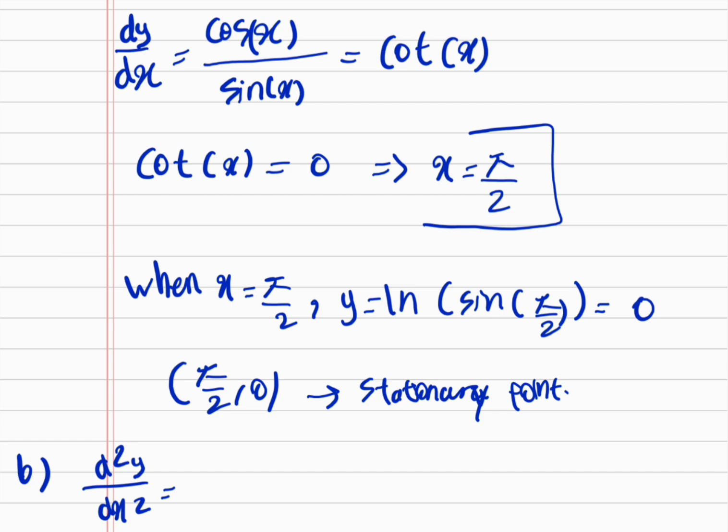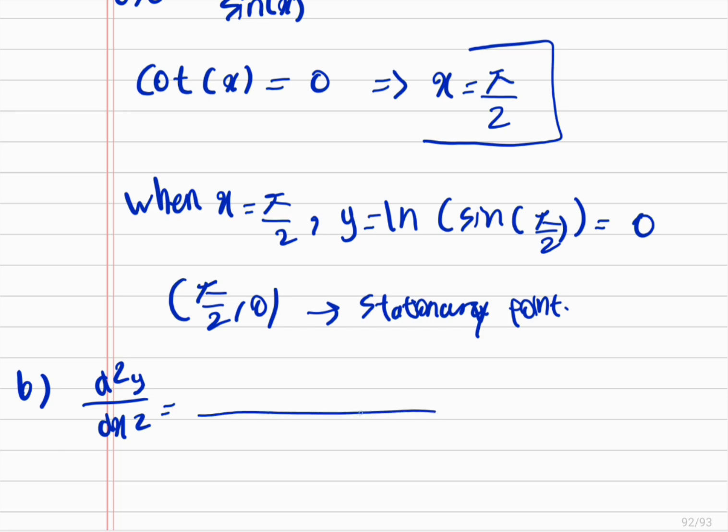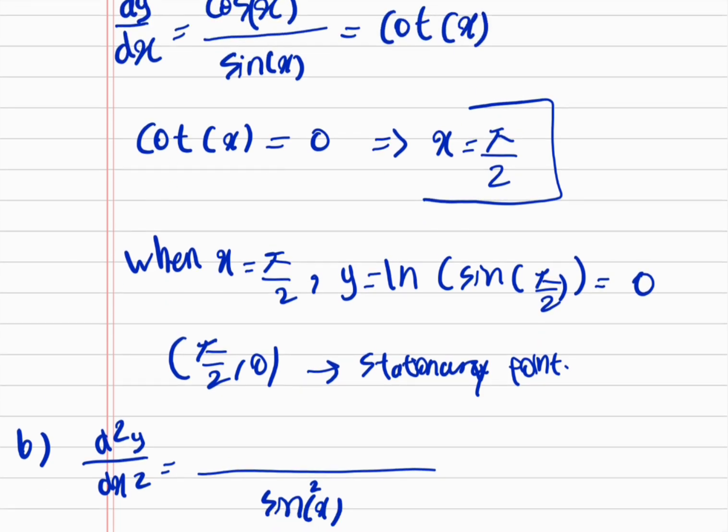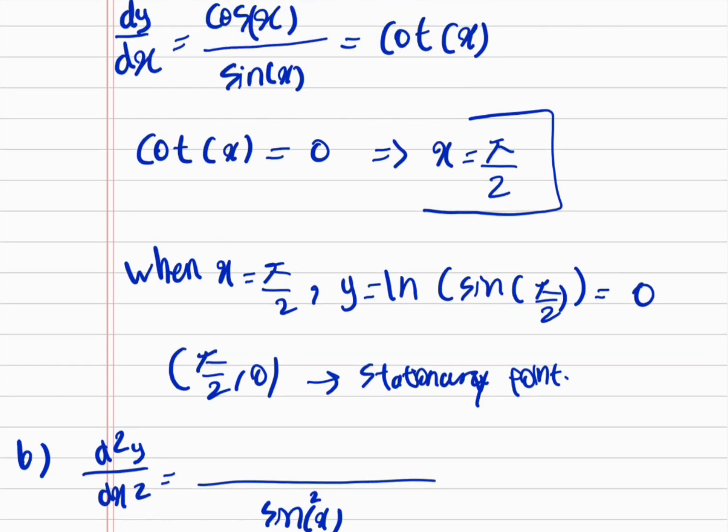We can use the quotient rule to differentiate cos x over sine x, because that's the first derivative. The quotient rule says we square the denominator, so that's going to be sine squared x. And then the function in the denominator times the derivative of the numerator function.